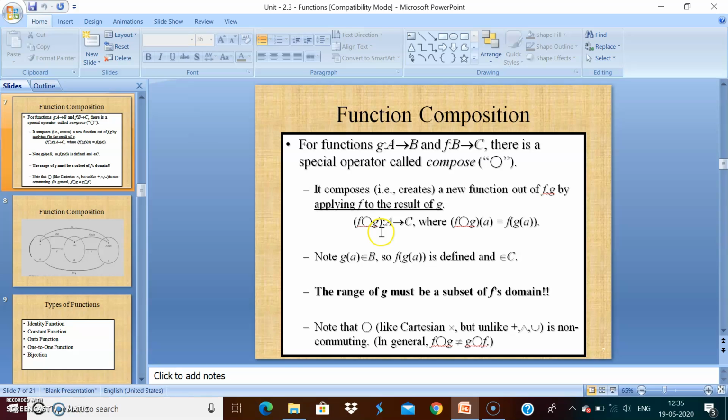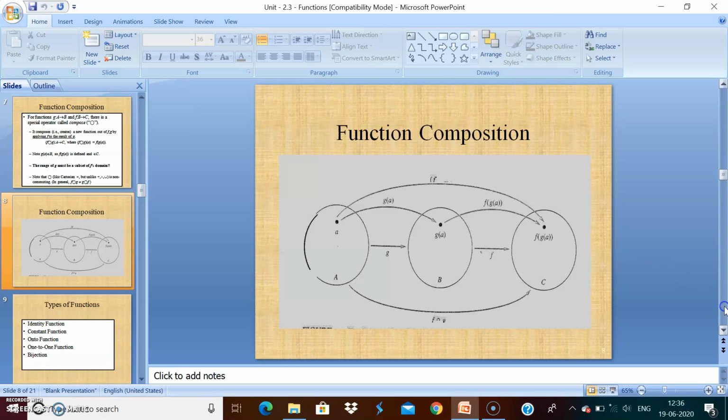F circle g means A to B, B to C, so finally A to C. F circle g means first finish the g function, then B to C, so A to C. Where (f circle g)(a) means f(g(a)). That is the composition function.